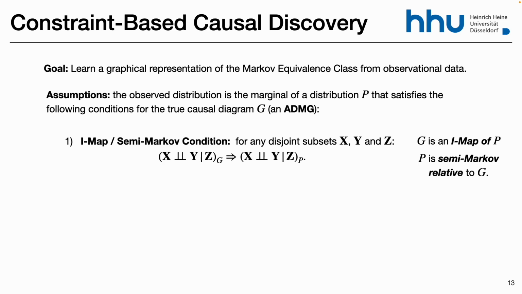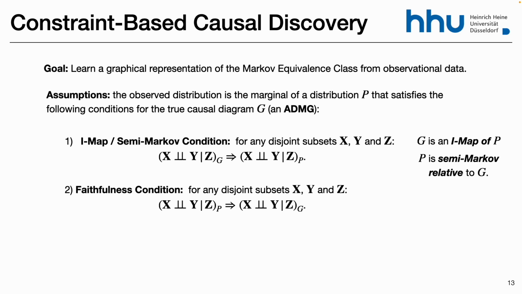Sometimes we say that P is semi-Markov relative to G if there are latent confounders. The other condition is called faithfulness. It's a very delicate condition. We are going to investigate this better next lecture. But it assumes that everything that you have in hand is true in the true graph. So if you see an independence in your data, it's because the independence is really in the true model. So you don't have false independencies, you don't have false dependencies, right?